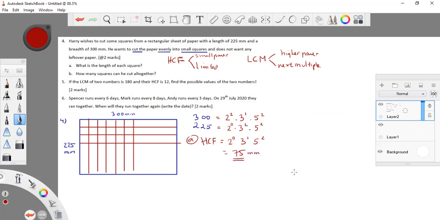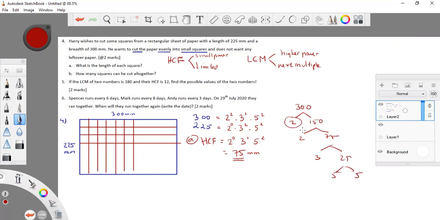Do you know why 2 squared becomes 4? But why 300? Like this: you can put 3 and 100, or 2 and 150, the basic way. 2 and 150, then 2 and 75, 3 and 25, 5 and 5.